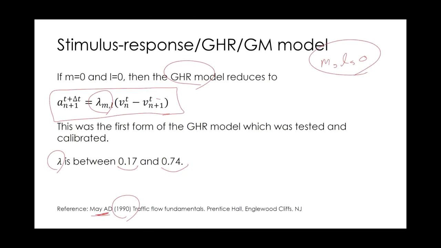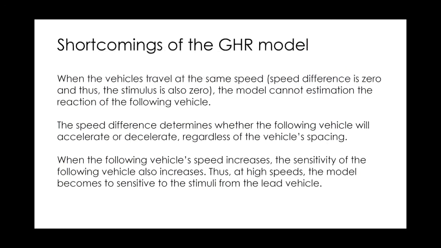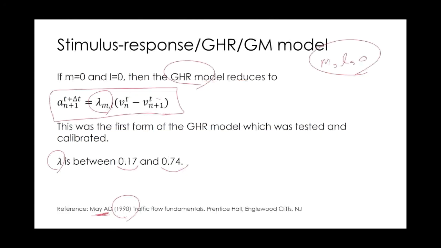So what are the shortcomings of this GHR model? When the vehicles travel at the same speed, when the speed difference is 0, the GHR model cannot really estimate the reaction of the following vehicle, because if the vehicles are going at the same speed, this would be 0, so the acceleration would be 0. So there's no indication of the distance, right?